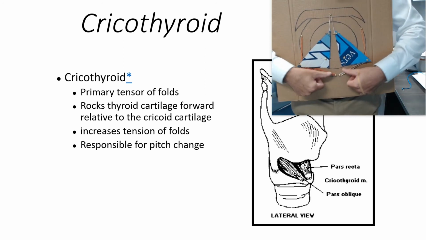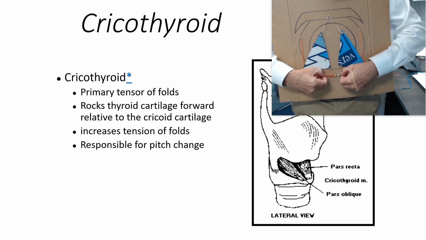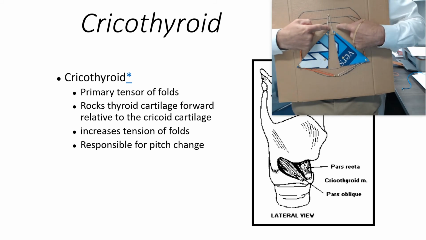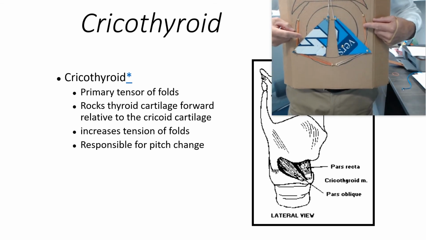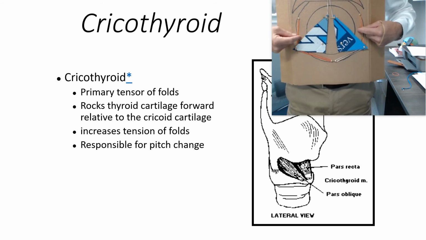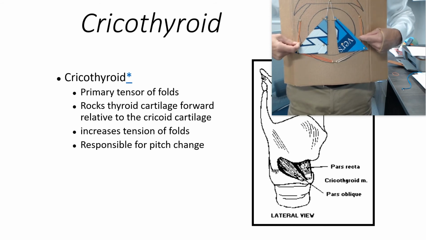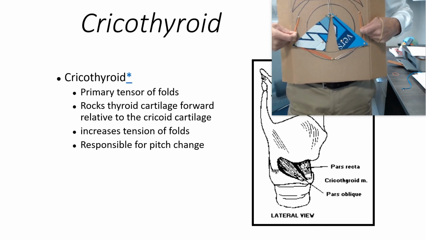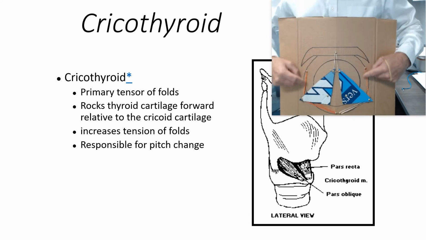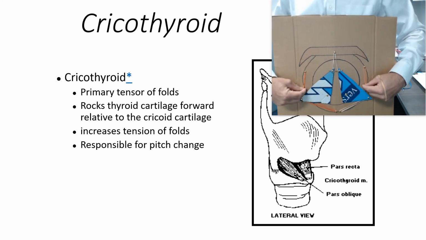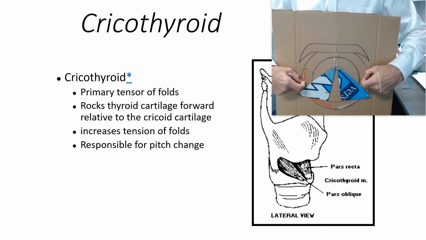So the posterior cricoarytenoid, when it contracts, abducts the vocal folds. You see that right here as the vocal folds are pulled apart. We move to the lateral cricoarytenoid. When the lateral cricoarytenoid contracts, you are going to see that the tips of the arytenoids are pulled together like that. So the lateral cricoarytenoid is an adductor of the vocal folds.